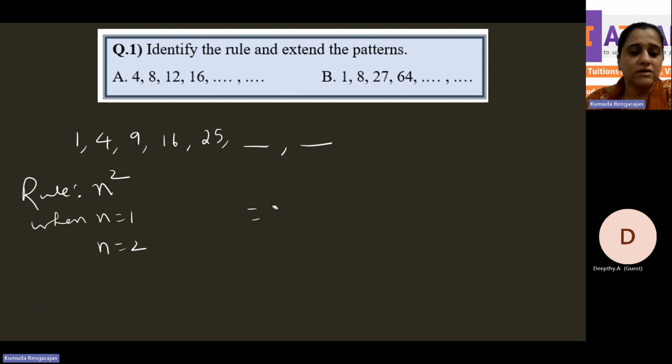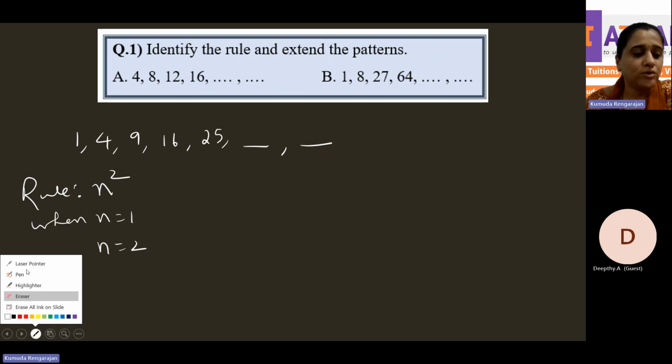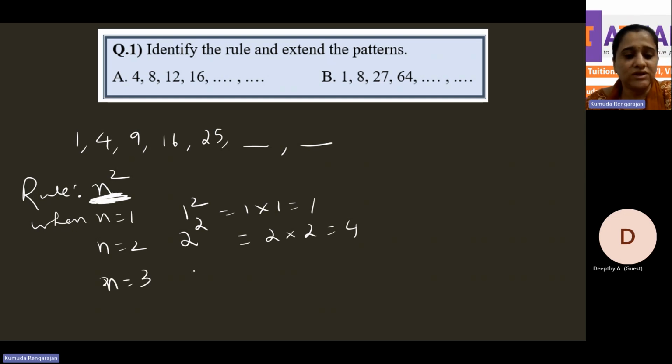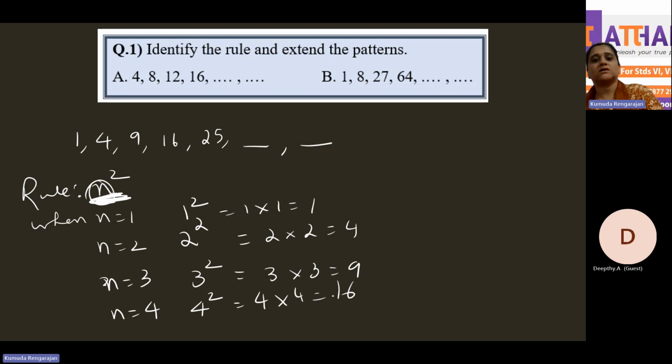When n is 1, it becomes 1 squared, that means 1 into 1, which is 1. When n is 2, it will be 2 squared, which is 2 into 2, 4. When n is 3, it is 3 squared, 3 into 3, 9. When n is 4, it is 4 squared, which is 4 into 4, 16. So what will be the next 2 terms in this pattern?